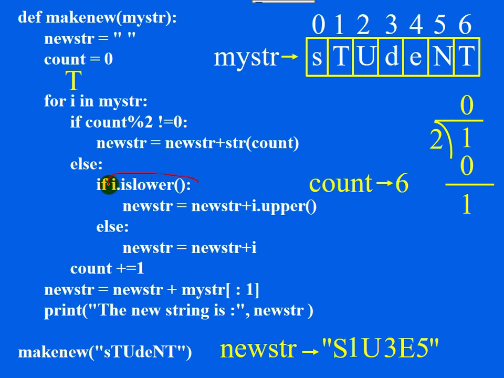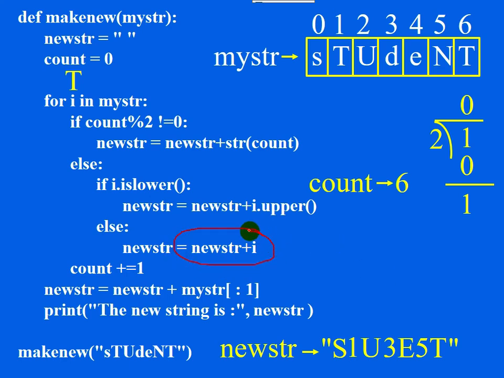So here the condition is false, which means control goes to the else part. Assignment operator, right hand side should be assigned to left hand side. The new string variable contains this string. So that is concatenated with i. What does i contain? Capital T. So this is concatenated with the capital T. Yes, here capital T comes.